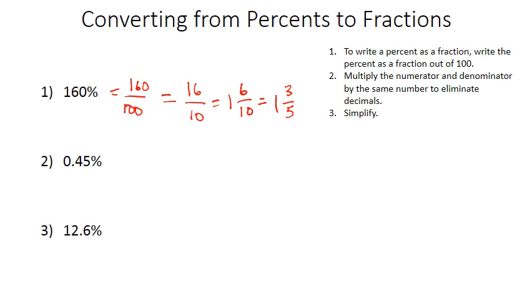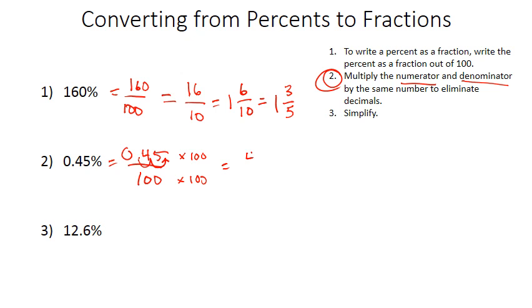All right, next one, 0.45 out of 100. Now we have this decimal here, which isn't always great to work with, but notice step 2 says multiply the numerator and the denominator by the same number to eliminate decimals. So I have decimal 45. Well, if I want to move my decimal over 2 places to get rid of it, I need to multiply both my numerator and my denominator by 100.